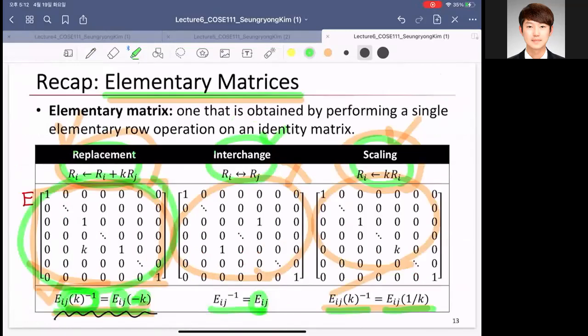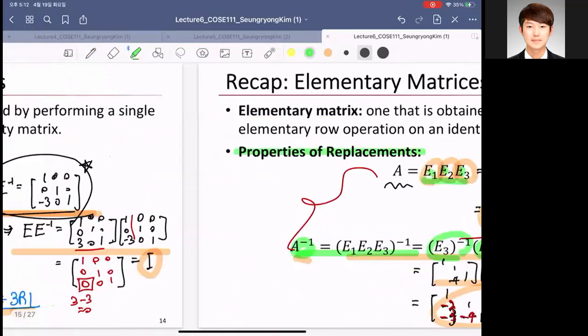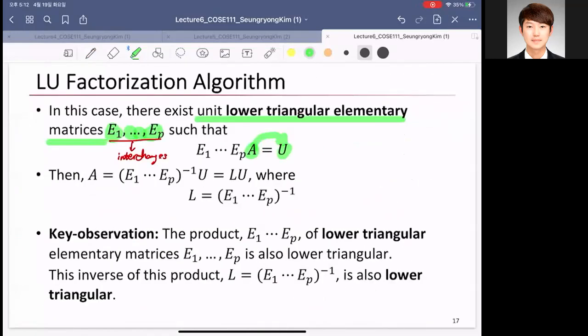So, this one. Let's suppose that there are P kinds of elementary matrices that can row reduce the original matrix A to the U. Then we already know matrix A can be the inverse of E1, E2, E3, and so on up to EP, times U. Then we can assume this one is L, where L is defined as the inverse of E1, E2, EP.